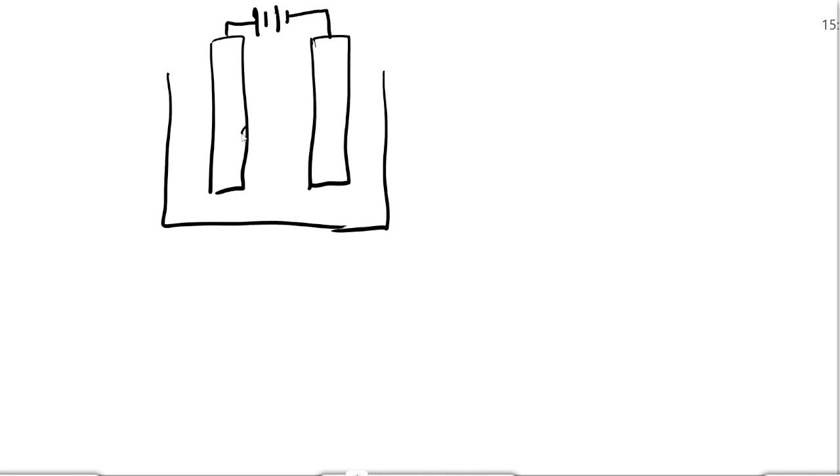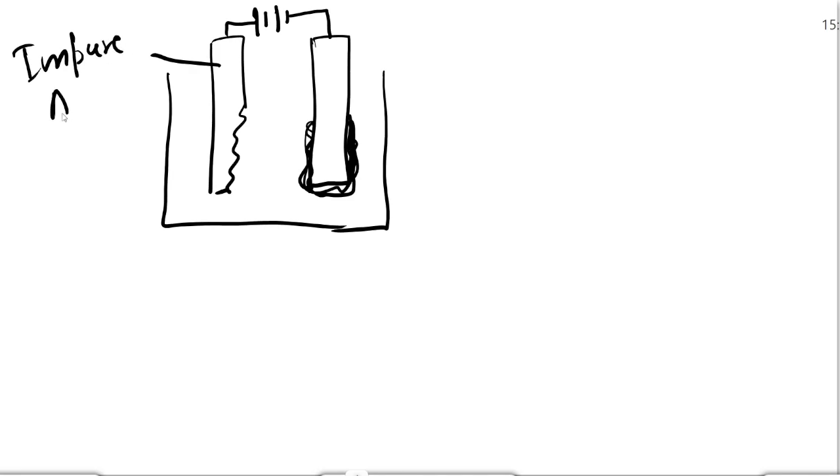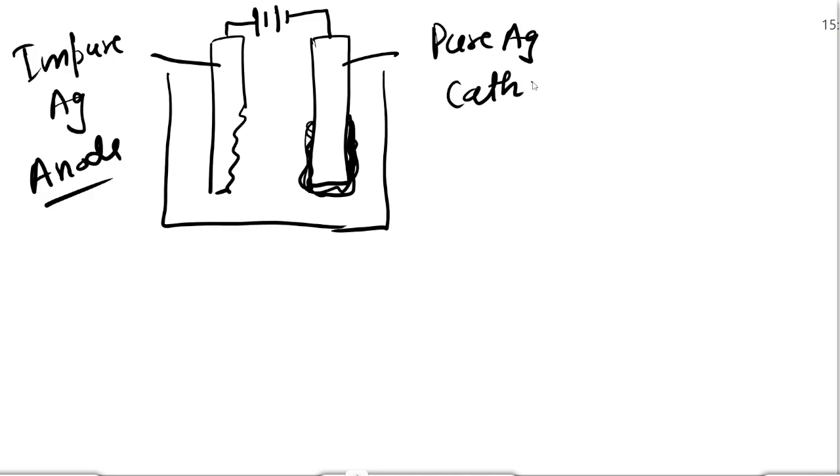The anode is taken as impure silver, the cathode is taken as pure silver, and that's it. Okay, what about Faraday's laws?